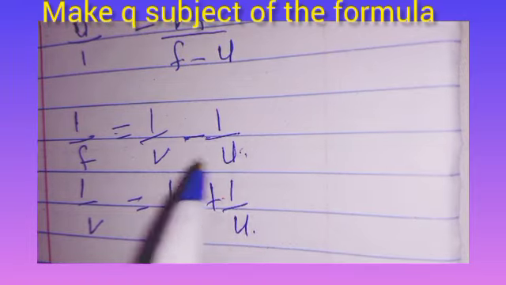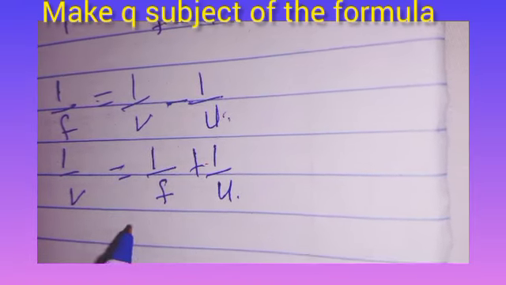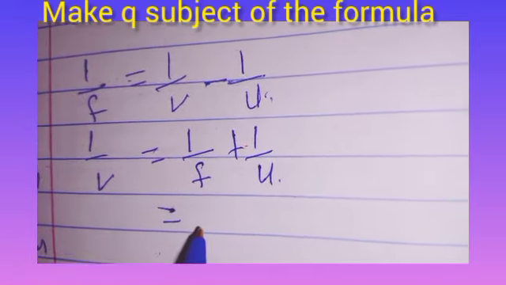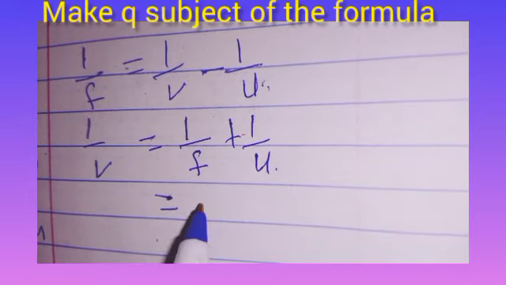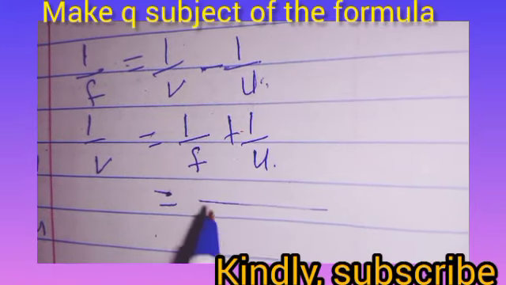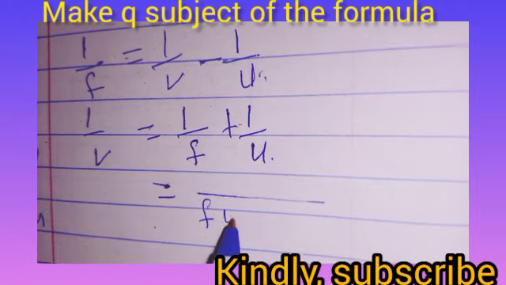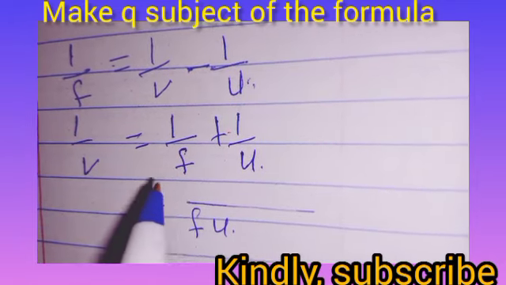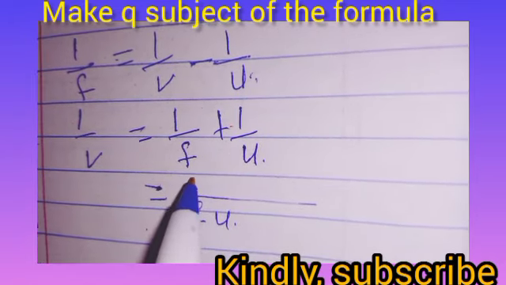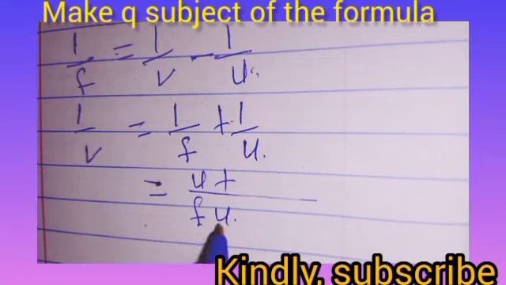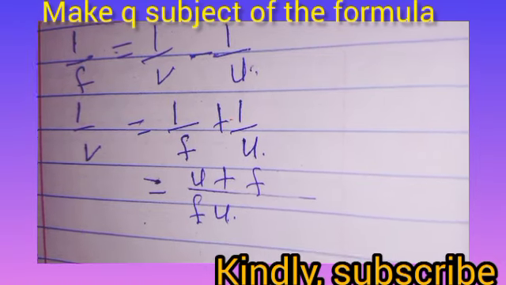Taking 1 over u the other side. On the right hand side, we get the LCM. LCM of f and u will be fu. Dividing, fu divided by f is u, plus fu divided by u is f.